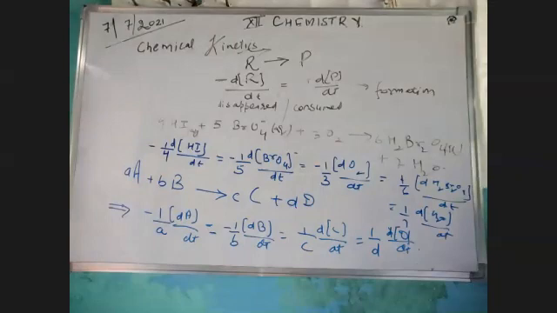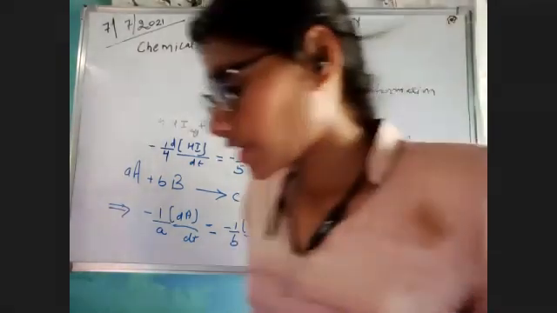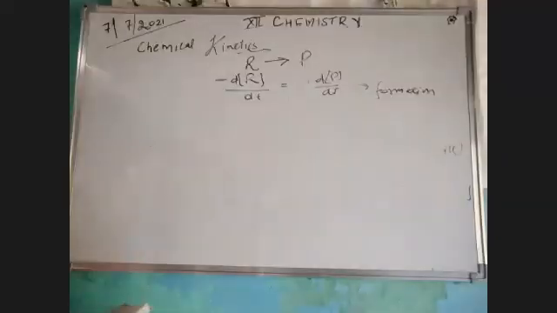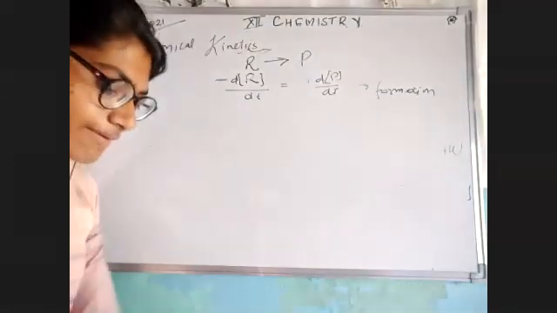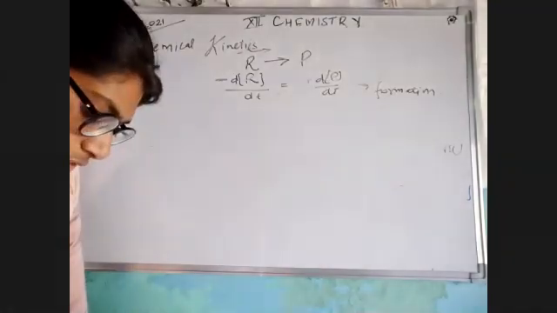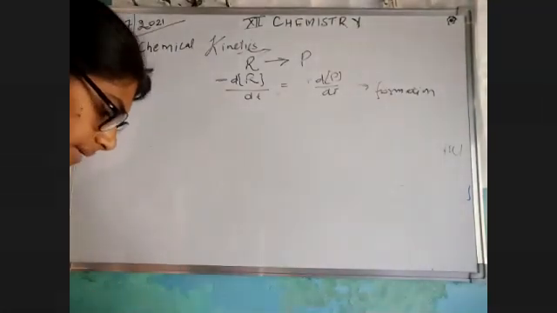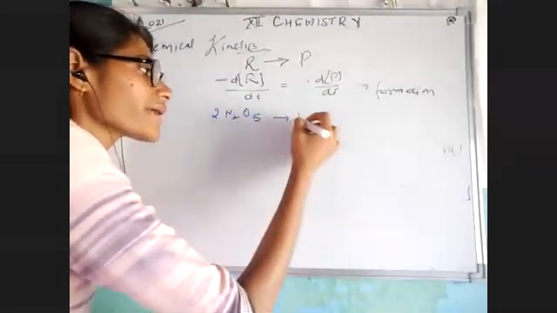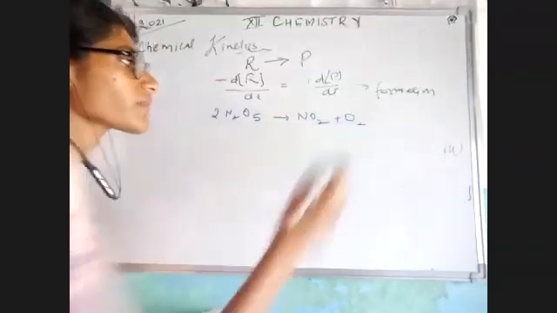There is a question given in your NCERT textbook. We have been given a particular reaction. Let's check it out. All right. So the question is given as a reaction of N2O5 decomposing into nitrogen dioxide plus oxygen, NO2 plus O2.